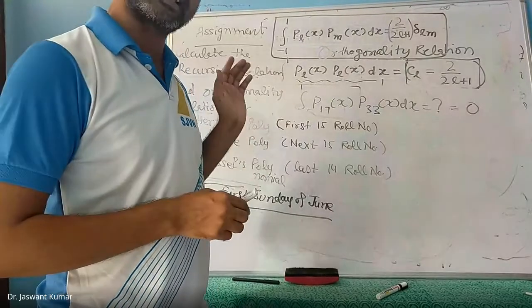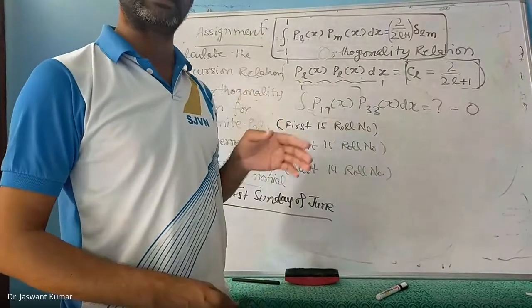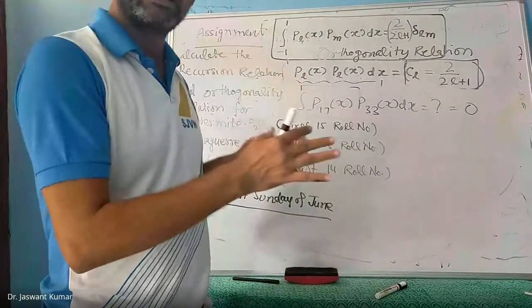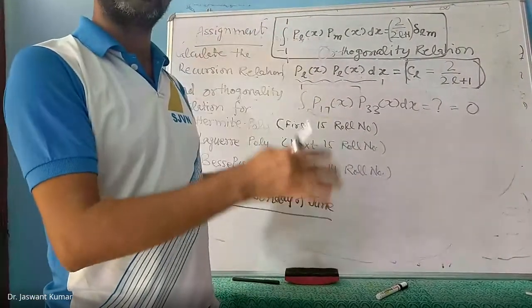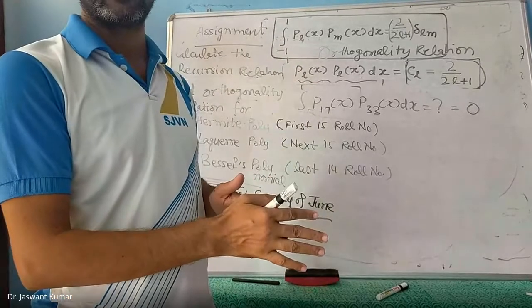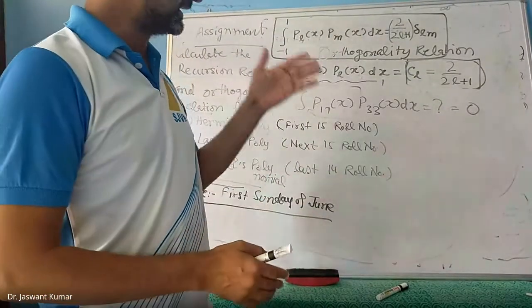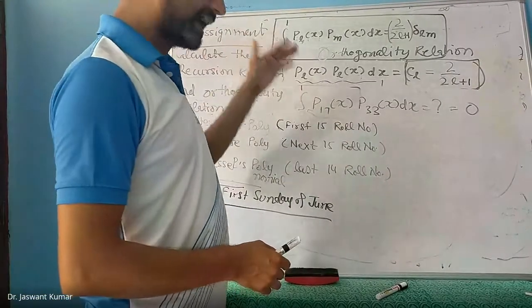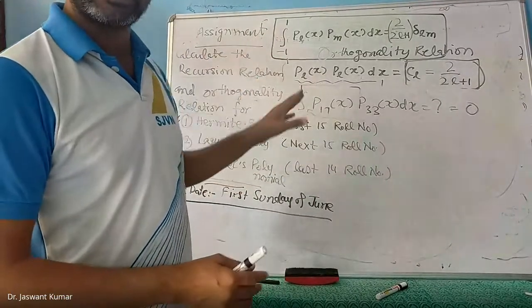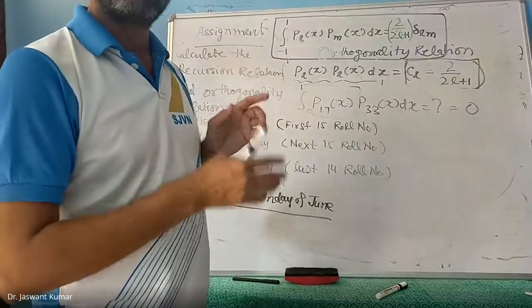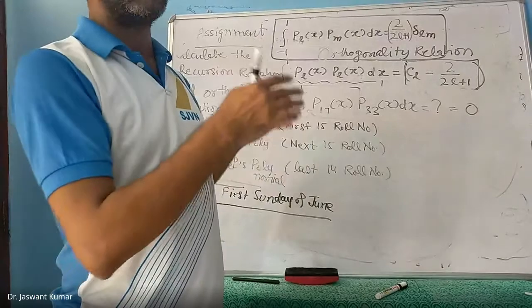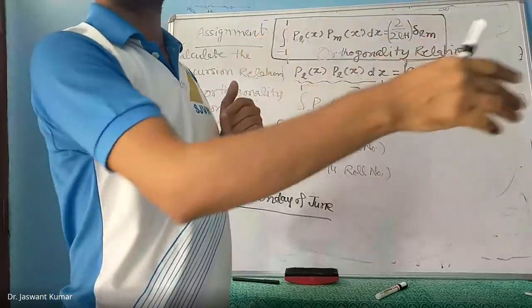Since it is explicitly mentioned in our syllabus, it is our duty to understand what that associated Legendre polynomial is. So keeping that motivation in mind, in today's class we will start by writing explicitly what the associated Legendre equation is, and then what its solution is.